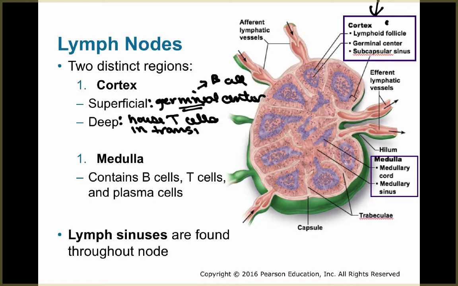Now the medulla is important because this is the area that contains the B cells, T cells, and plasma cells. It also consists of very large lymphatic capillaries spanned by crisscrossing reticular fibers. And basically, this is the area where macrophages will check and eat, or phagocytize, foreign matter.